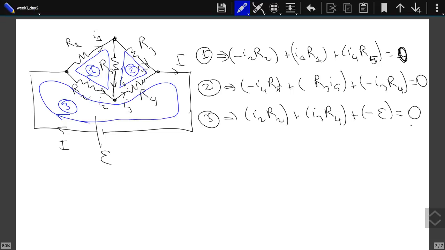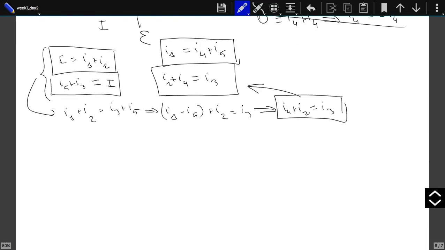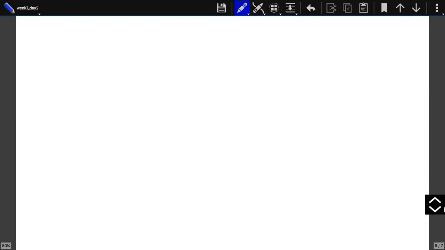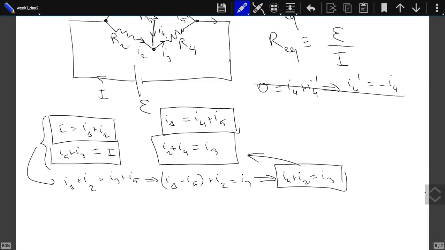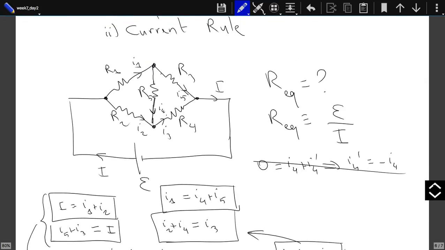I have 6 equations, and the only thing I need to do is solve for the 6 unknowns, one of which is the capital I. And so that gives me the capital I. Once I determine this capital I, epsilon over I just gives me the equivalent resistance of this system, where the resistors are neither in series nor in parallel.